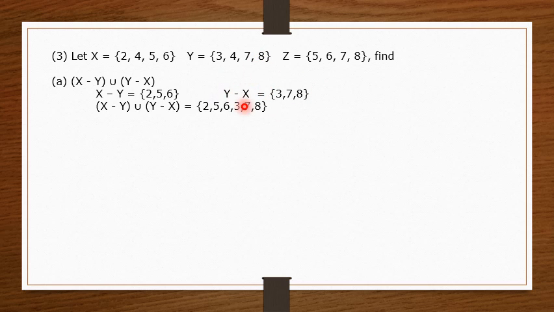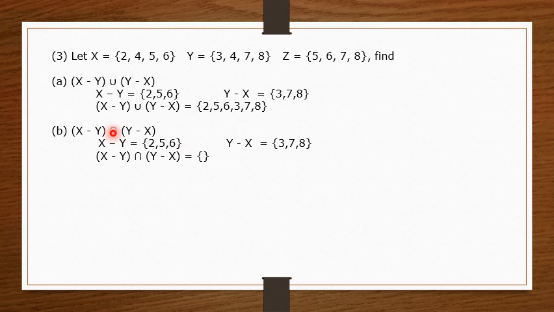So we get X minus Y and Y minus X. Now we need to find the union of X minus Y and Y minus X, that is, all the elements in X minus Y and the elements in Y minus X. So X minus Y union Y minus X equals the set consisting of the numbers 2, 5, 6, 3, 7, 8.